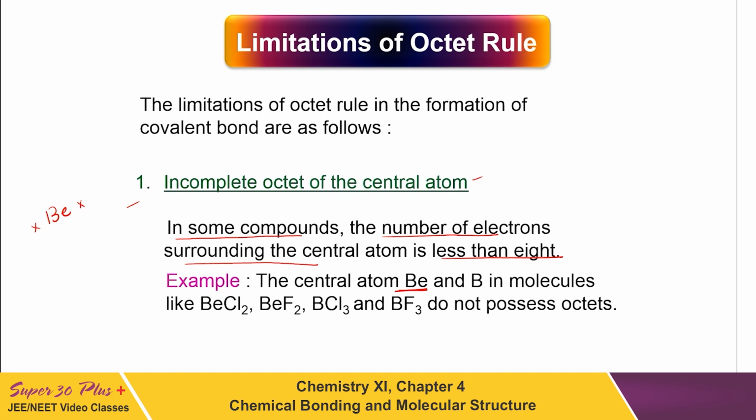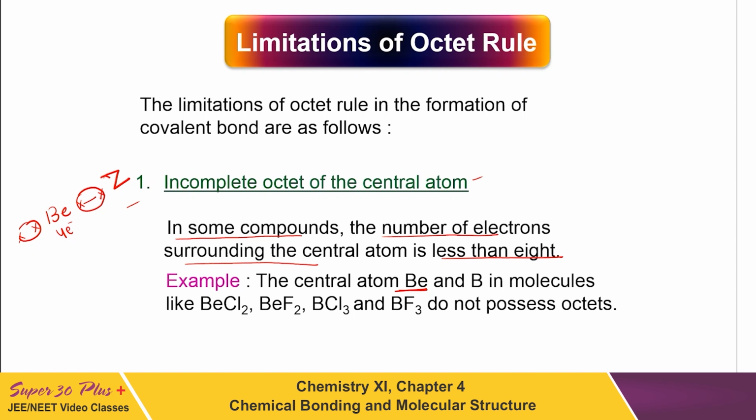So even if beryllium pairs both of its electrons with another species, say Z, then also beryllium will have 4 electrons in the outer shell. Then also beryllium will have a maximum of 4 electrons in the outer shell, which is quite a low figure compared to the octet.